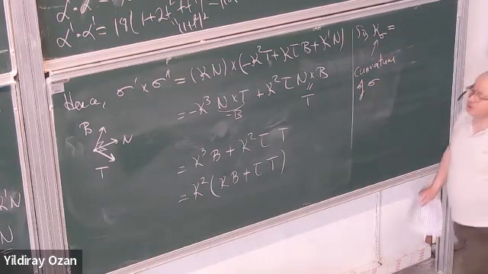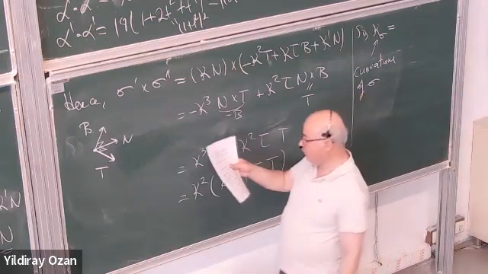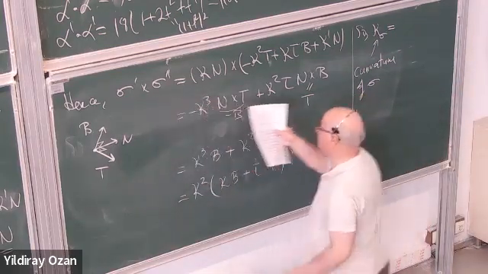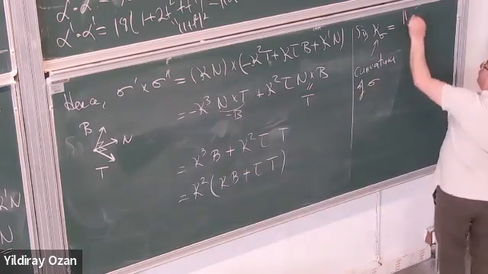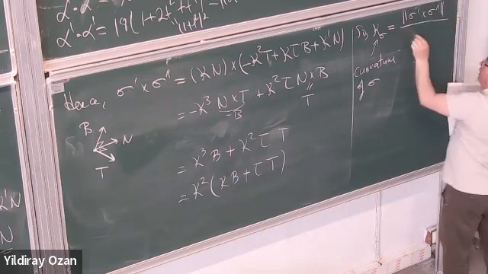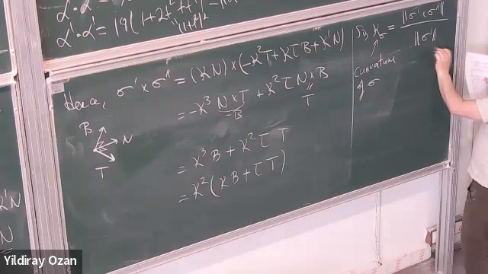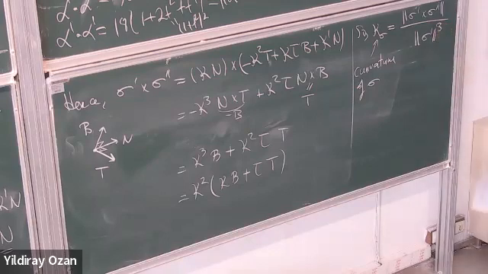What is the curvature? Curvature was the length of this vector divided by the length of this gadget, right?